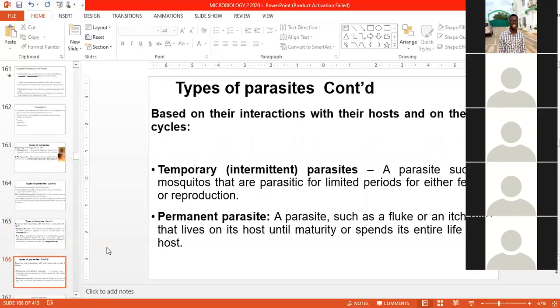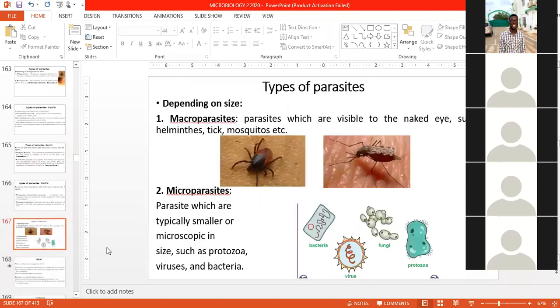Then the permanent ones are with the host from genesis to revelation, from the beginning to the end. From the beginning to maturity and then death, they require their host to survive.